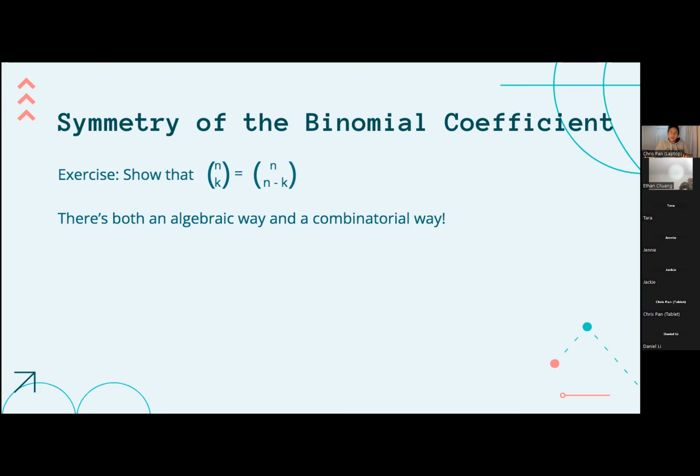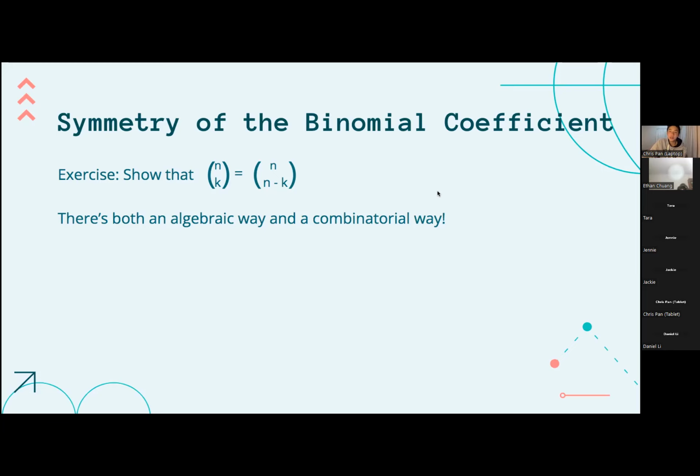But a second, equally viable method is choosing objects to not be in the group. So you choose n minus k objects to not be in the group, and you take the remaining ones and put them in the group, right? So in that way, choosing k objects is the same as choosing n minus k objects to not choose. If that makes any sense, I think it does, right? Because you're always going to be splitting it into a group of k and a group of n minus k. So choosing a group of k is the same as choosing a group of n minus k.